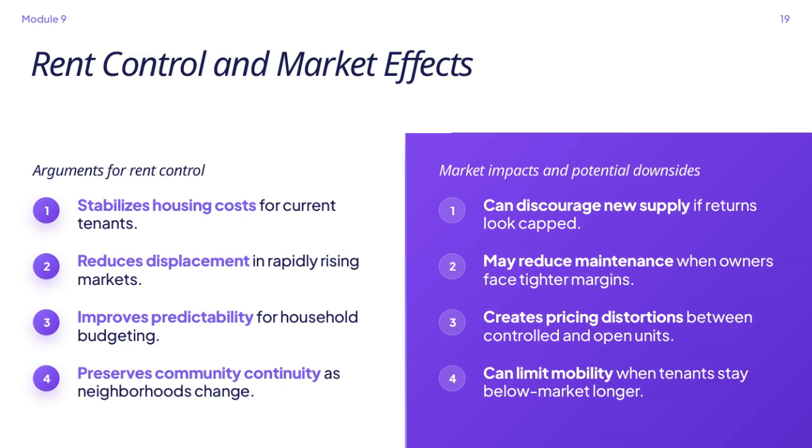Another issue is that rent control creates pricing distortions, causing a gap between controlled units and those in the open market, which can complicate the housing ecosystem. Finally, rent control can limit mobility, as tenants might choose to stay in below-market units longer than they otherwise would, which could reduce overall housing availability. Understanding both sides of this issue is crucial as we think about effective housing policies.